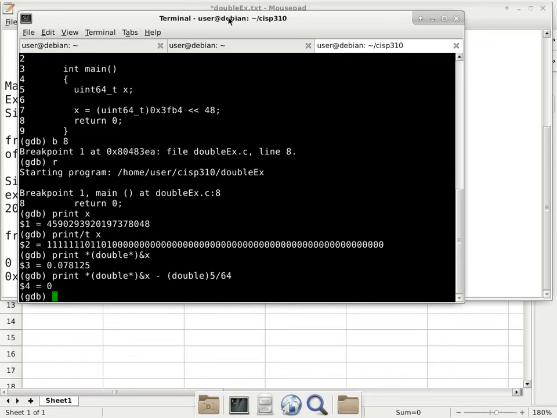So we can reverse this process. Okay, how do we reverse this process? We can use set var, right? Set var is one thing we can do. So we will say set var x equals 2. But there are 2 ways to do it.